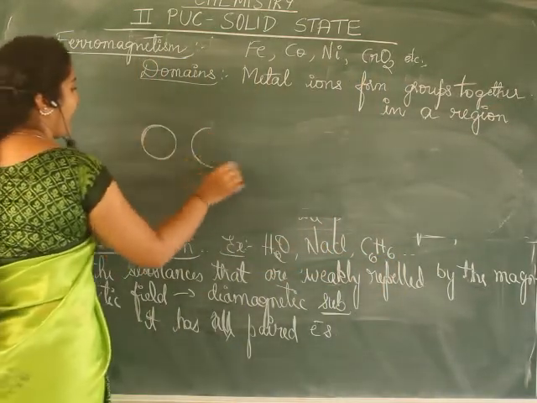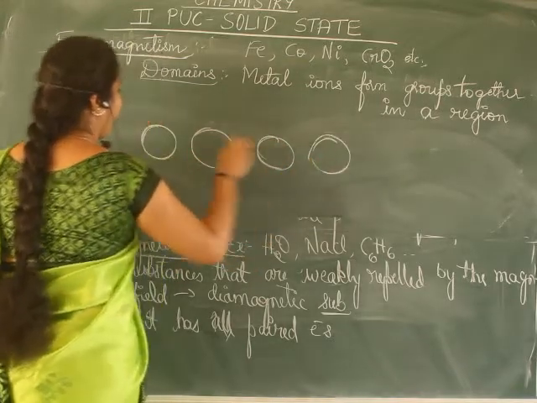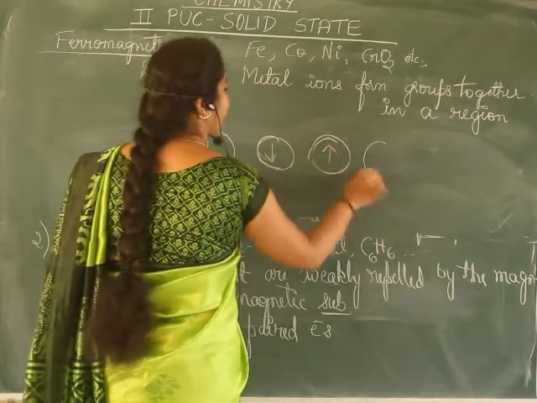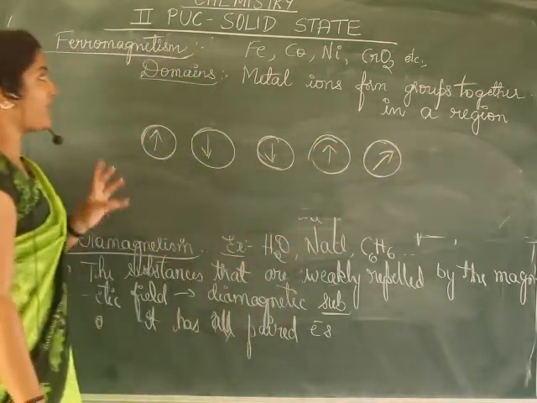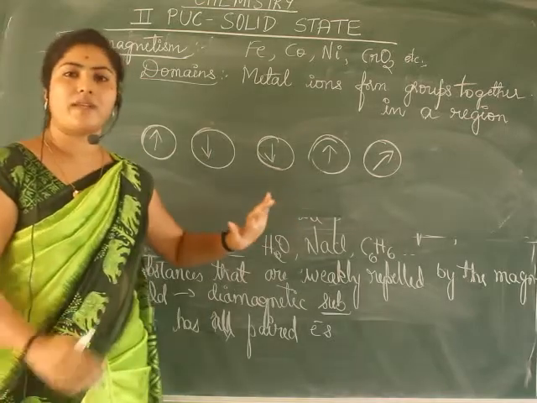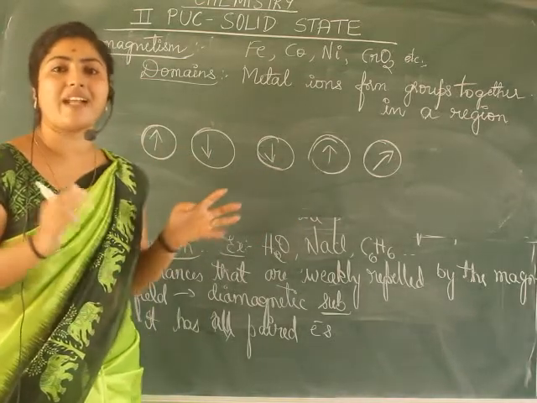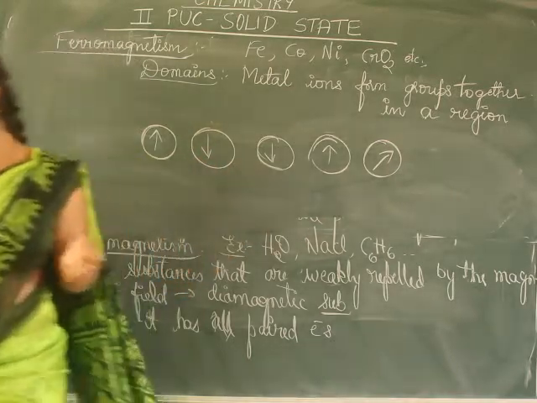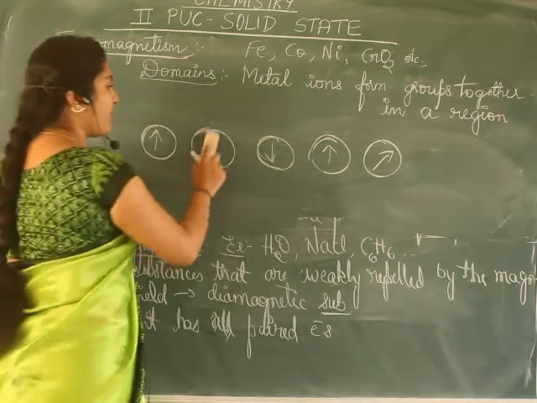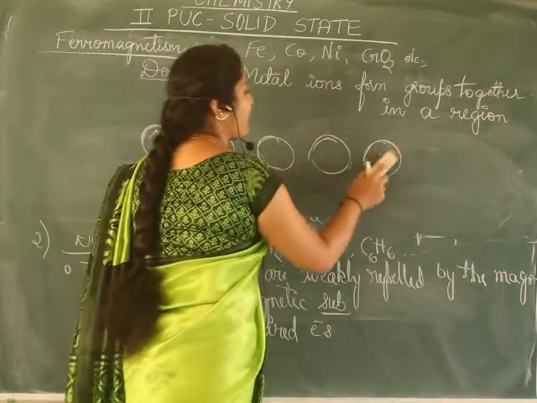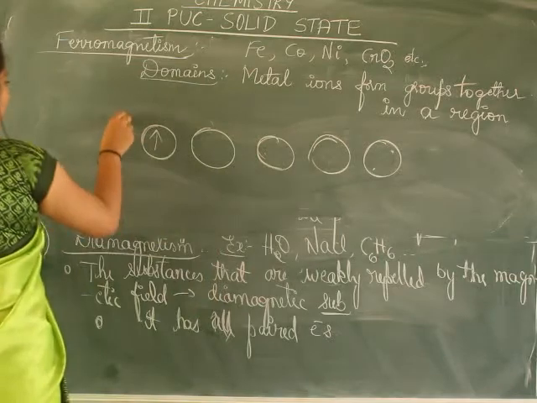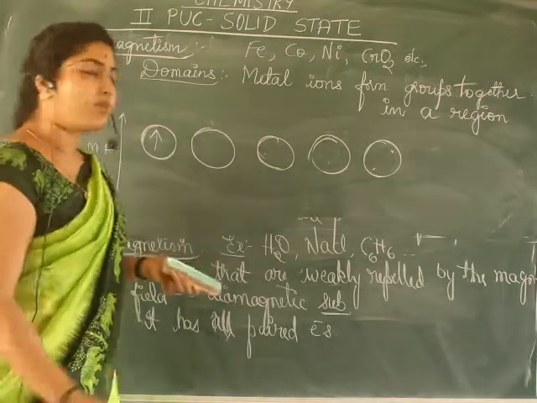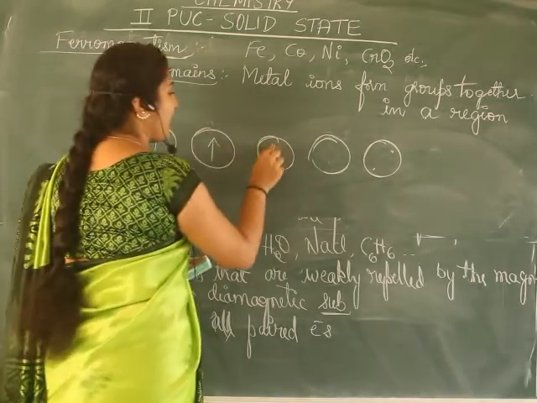Now here you have diagrams this way, where the domains usually we indicate this way. Say for example, in case of ferromagnetism, the domains will be all here and there, in the sense it won't be directed in one direction. But when this is placed in the presence of magnetic field, if the magnetic field is applied in one direction, the domains also will get aligned in the same direction.